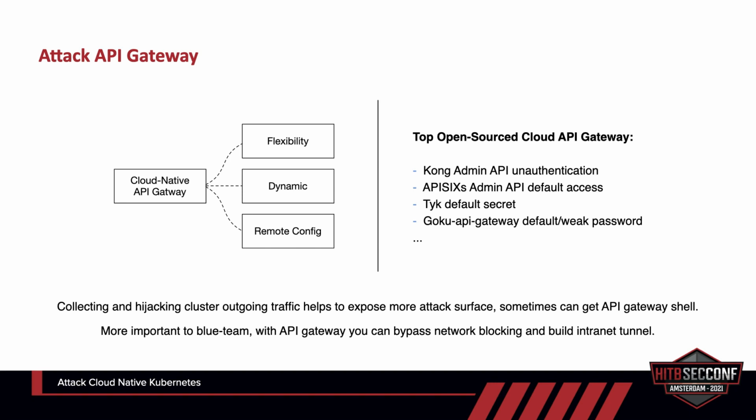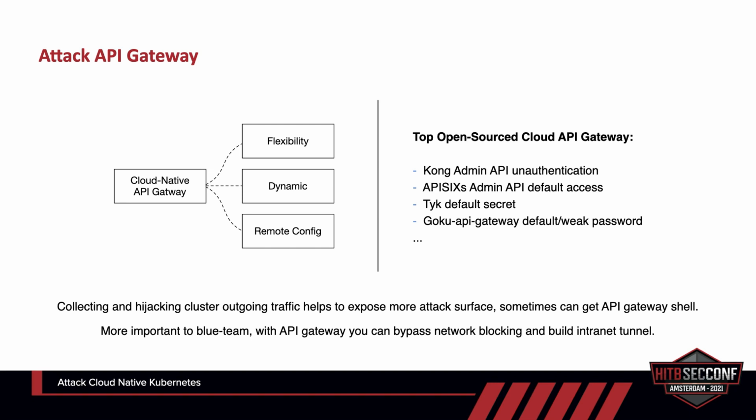Many projects or solutions in the open-source branch can access the admin API remotely. The second most popular API gateway project, APISIX, has a default access key, and the Red Team can easily get a shell by running Lua code.